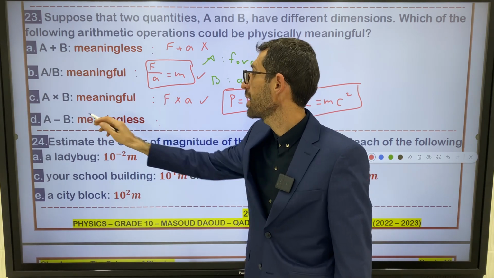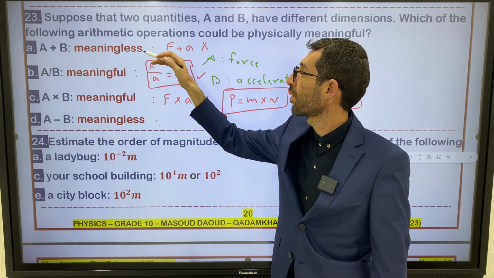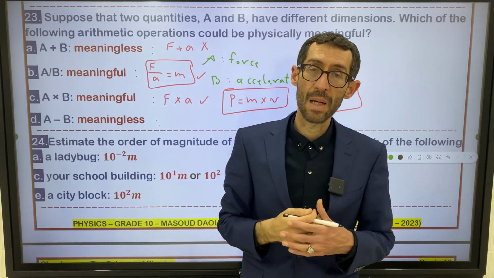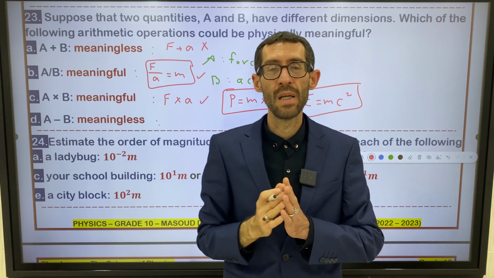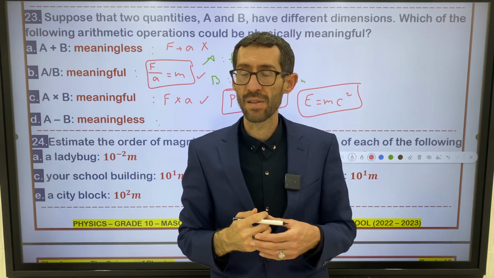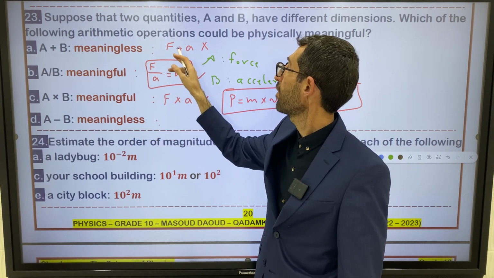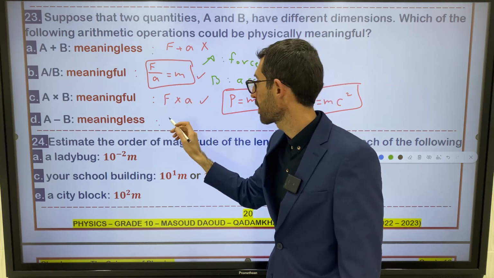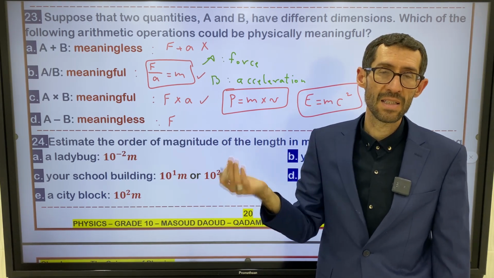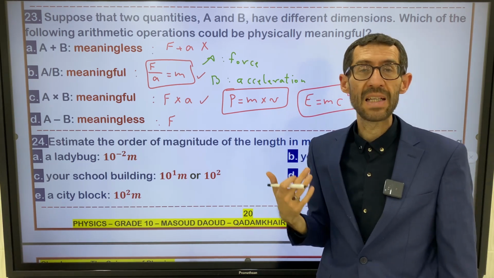It says a minus b. The rule for addition is the same as the rule for subtraction, and the rule for multiplication is the same as the rule for division. That's why a and d are similar. F plus acceleration, we said that it can't be. We cannot accept it. It's meaningless.